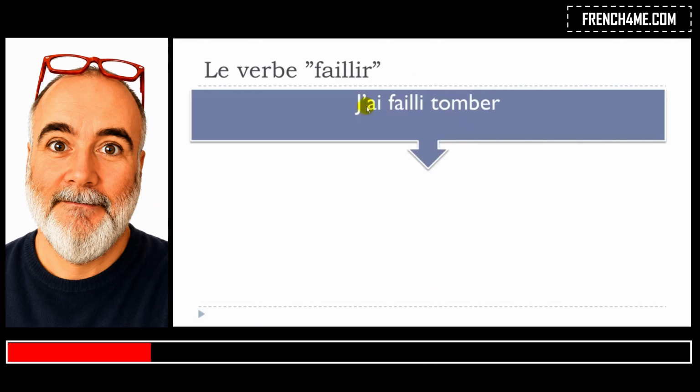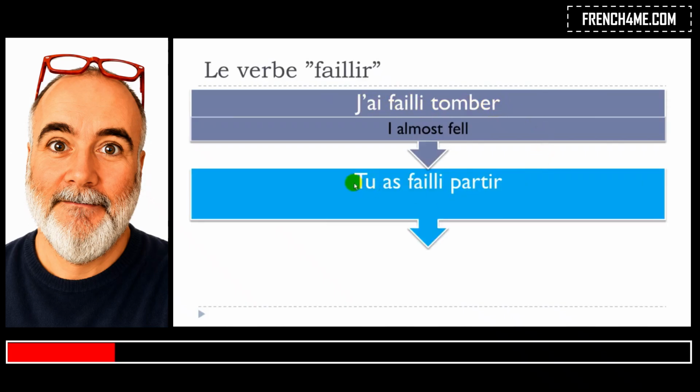A few examples. J'ai failli tomber. I almost fell. Okay? So in that case, you just see that we use the verb faillir at the passé composé form, and then we just put in a verb at the infinitive right after. J'ai failli tomber. Tu as failli partir. You almost left.